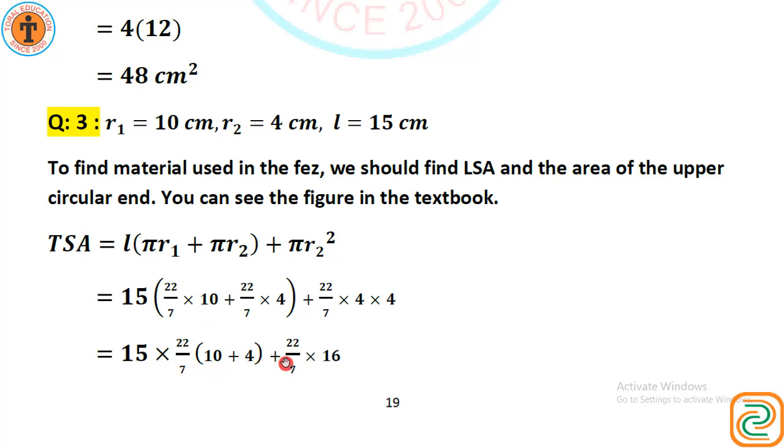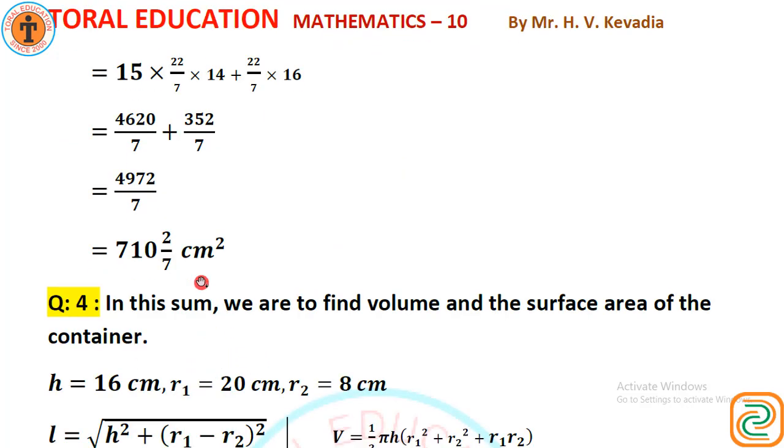Okay. Now what? 15 into 22 into 12, 10 plus 4, 14, right? Here is 14. Multiplying all these in the numerator, we get 4620 upon 7, and here multiplying 16 and 22, we get 352 upon 7.